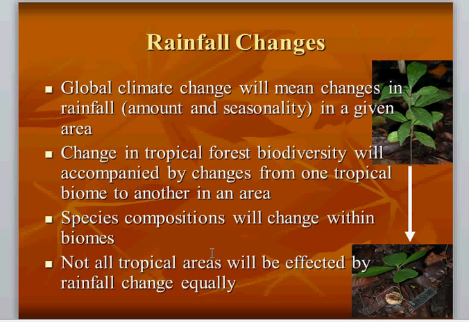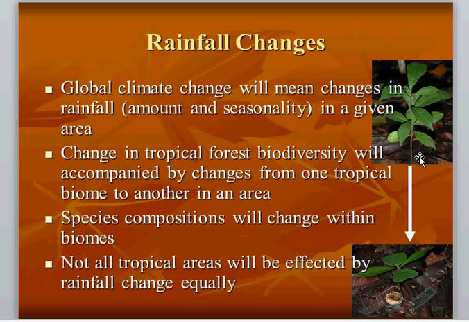So some species will be able to cope with the changes in rainfall amount and seasonality, whether that rainfall be increased in amount or increased in seasonality, or decreased in amount and decreased in seasonality. Some species will be favored and some will be penalized or become less able to cope, less productive, and they will change to another species.